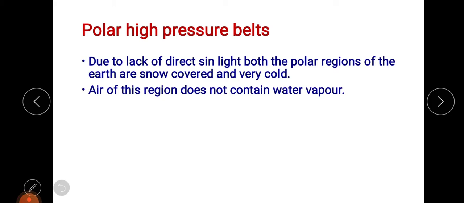Then the last one is the polar high pressure belt. Now in the polar regions sun rays fall in an inclined manner. They come from very far and take a long time to reach there, and that is why the heat is very less. Temperature is very low there, and most of the areas are covered with snow. So low temperature means what? High pressure.